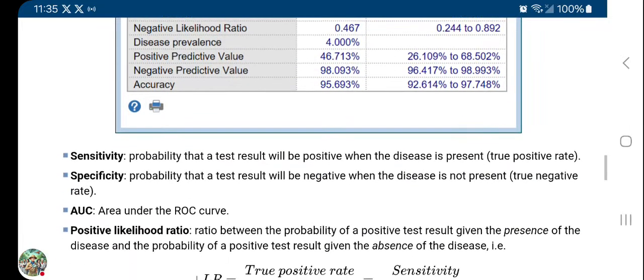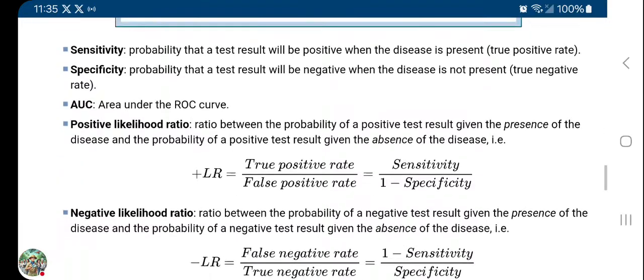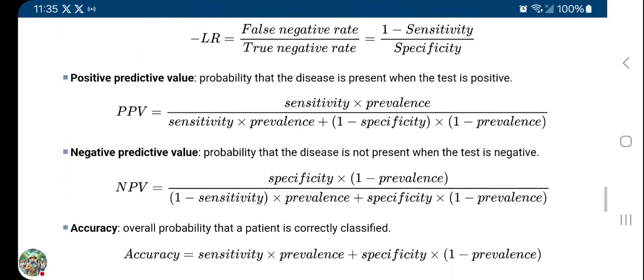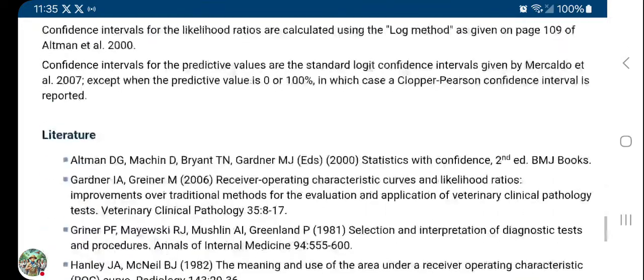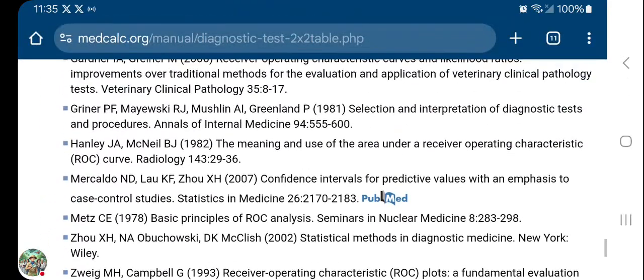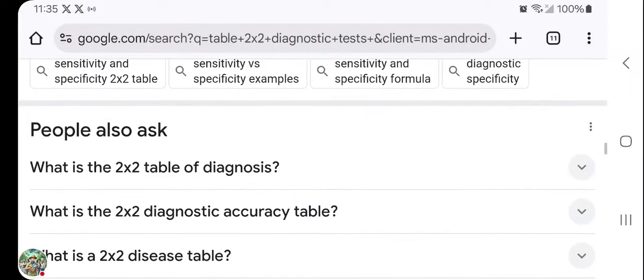They calculate a lot. Positive likelihood ratio, this one we did not mention yet. So many things in statistics and epidemiology. Okay.